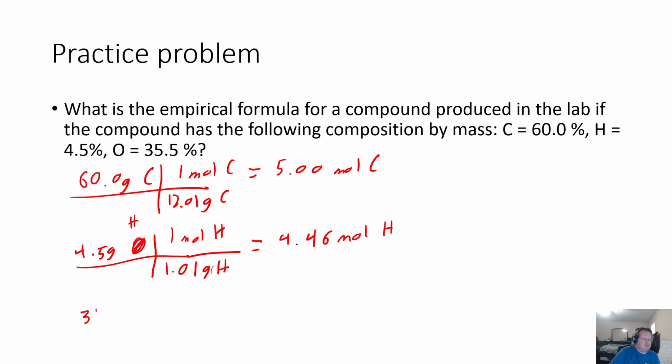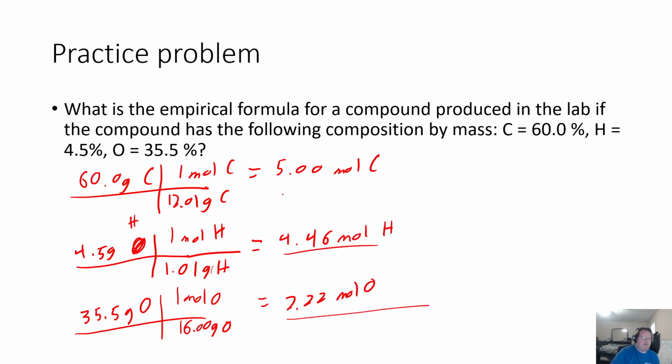We then have oxygen, which is 35.5 grams of oxygen. Molar mass of 16.00 grams of oxygen per 1 mole of oxygen. 35.5 divided by 16 is 2.22 moles oxygen. So now I'm going to divide all 3 of these by 2.2 moles.